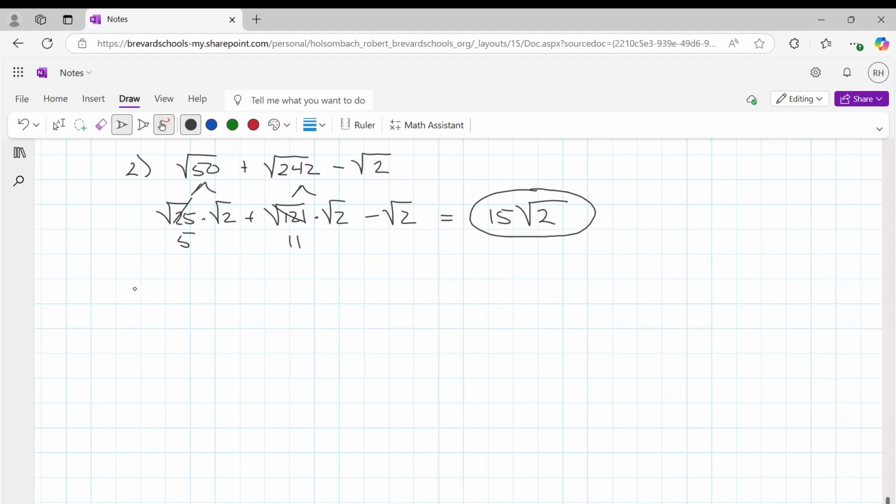Problem number 3. We've got the third root of 48 plus the third root of 2058 minus the third root of 750.